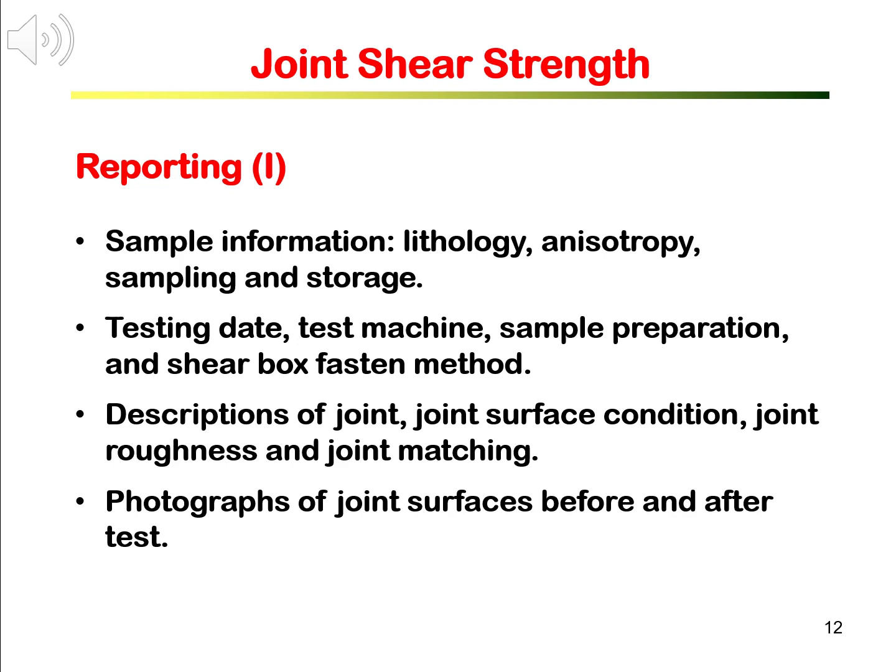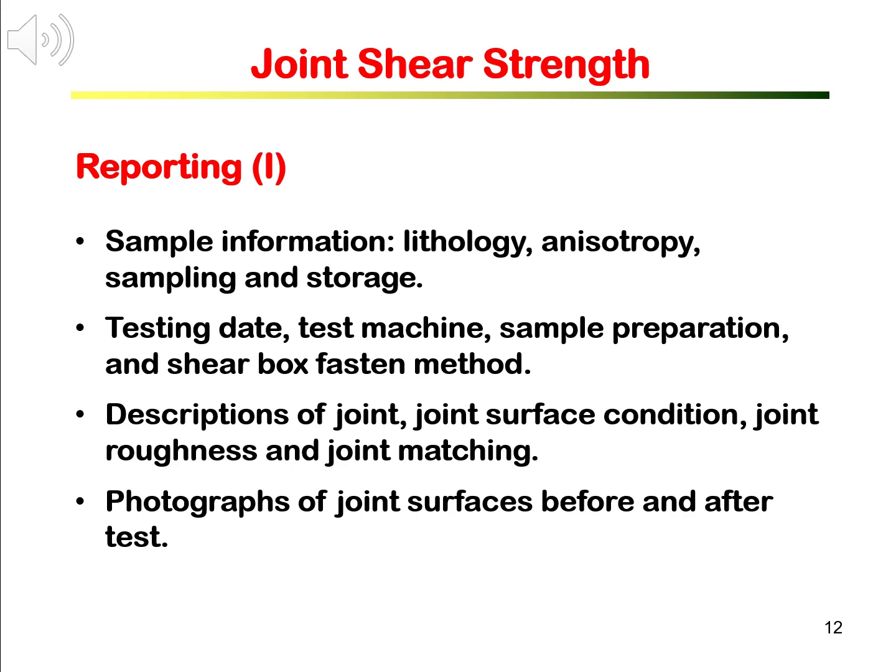A. Rock and joint sample information, including the geological description, joint type, sampling location depth, sampling date and method, storage history and environment. B. Testing date, description of test machine, sample cutting and preparation, and the shear box encapsulating method and the materials.